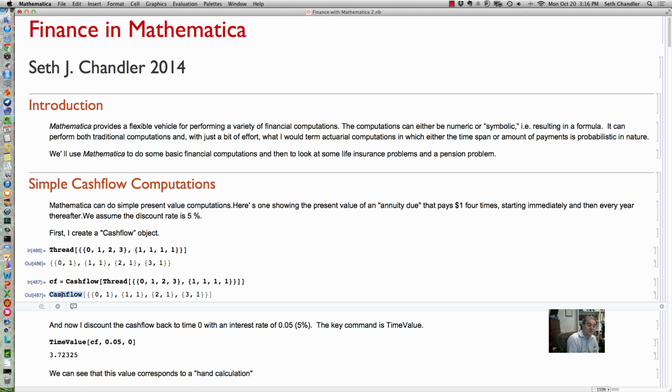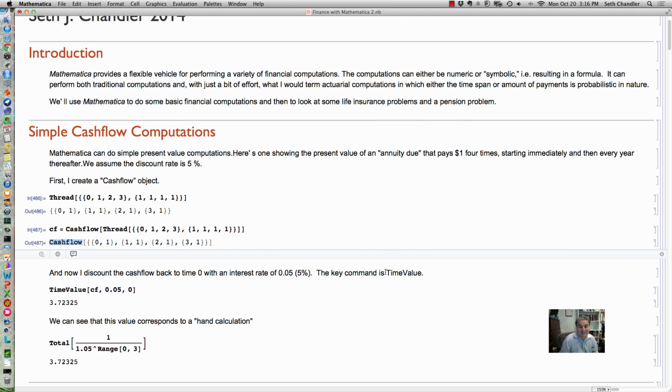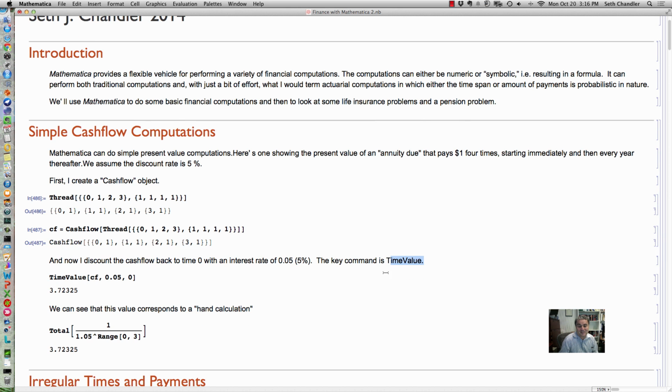Once we have something represented as a cash flow, it's very easy to figure out what is the value of that cash flow today. All you do is, the key command you need to remember is TimeValue. Okay? TimeValue is sort of a generalization of what some people call present value, or what under other circumstances is future value.